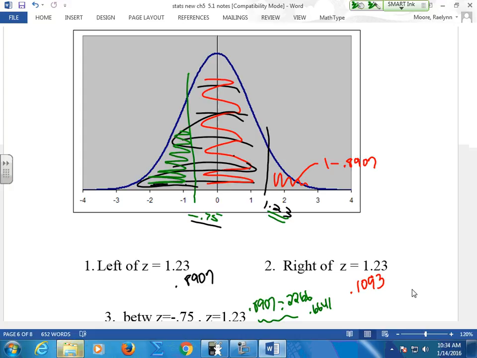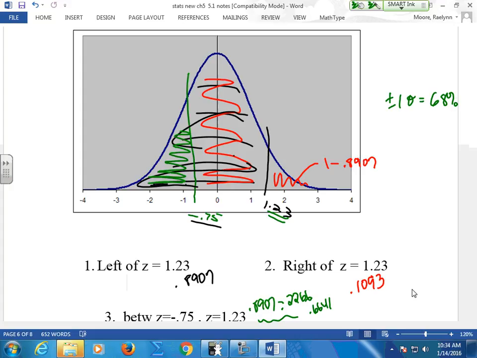Now, do you remember what your plus or minus 1 standard deviation was from your empirical rule? 68%. Good. So kind of work with me a little bit here. I'm a little bit over the negative 1. I'm a little bit over the positive 1.